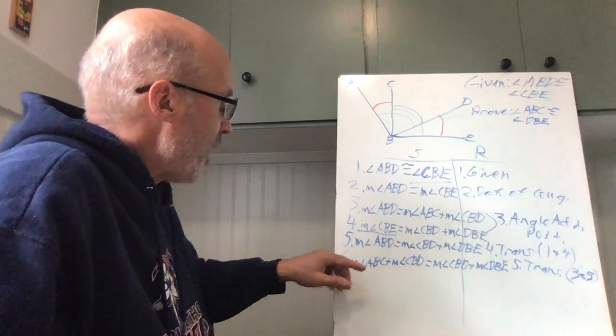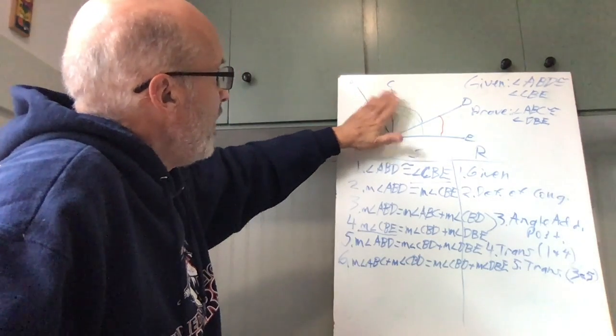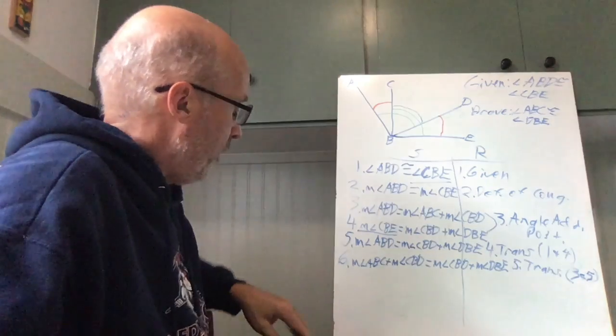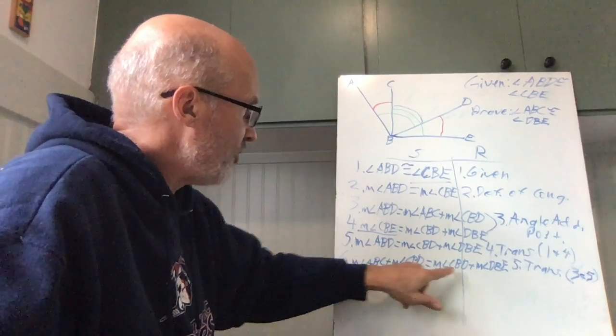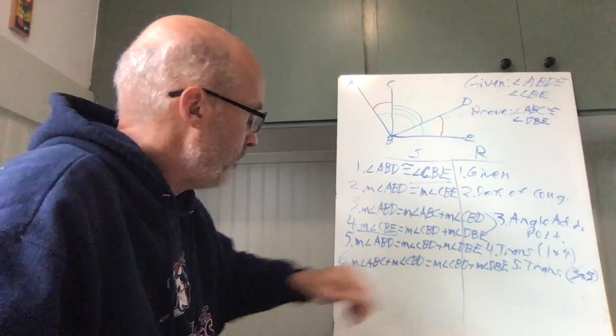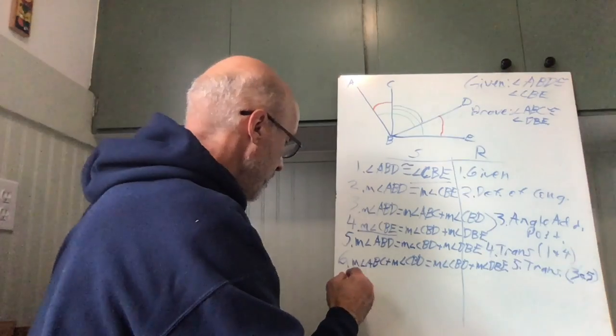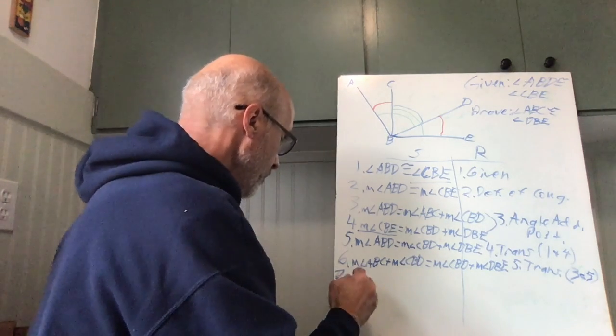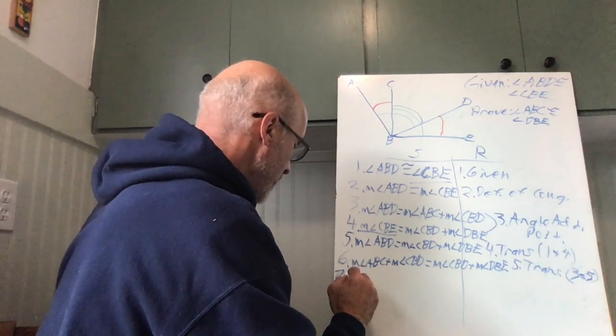And do you remember my strategy? After I showed that this angle was these two, this angle was these two, if I subtract out that one, so I'm going to subtract out CBD from both sides. So, step 7. Ooh, this is going to be a long one. I'm going to try to write this kind of small.